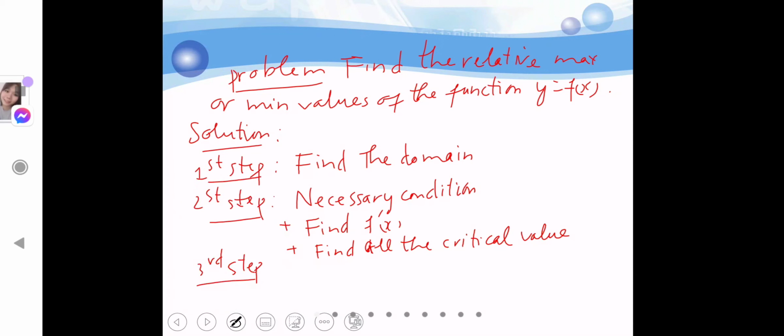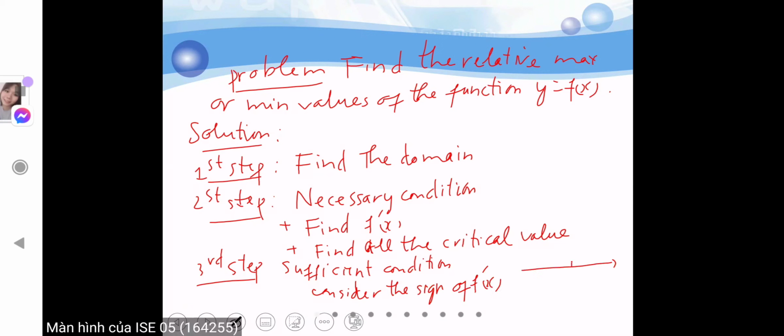And the third step is called the sufficient condition. In the sufficient condition, you consider the sign of f prime. Assume that c is a critical value, c1, c2, etc. And at number c in here, f prime on the left side is negative and on the right side is positive.